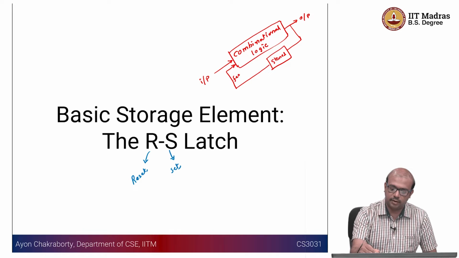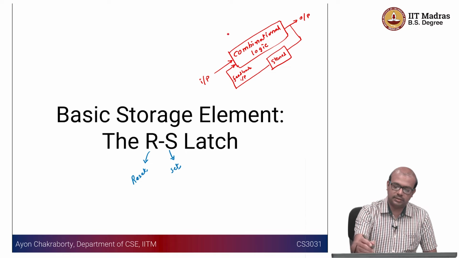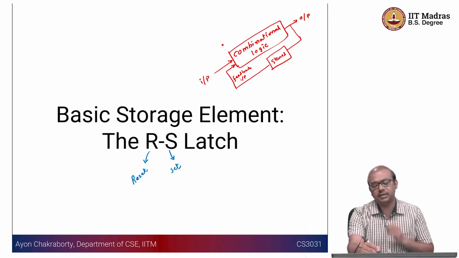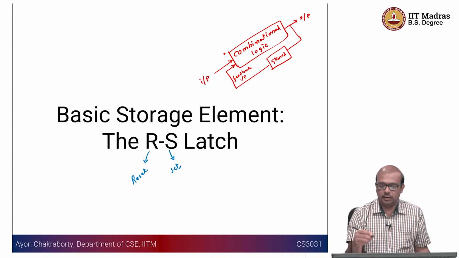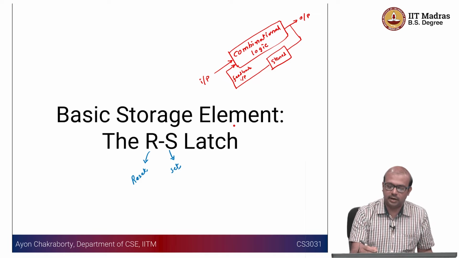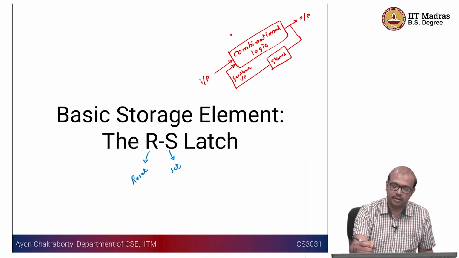So this is more of a feedback input. This is primarily the structure where the output is being fed back as an input to the circuit again. So this kind of circuit structure we call sequential circuits.